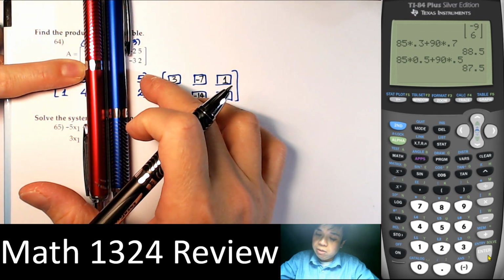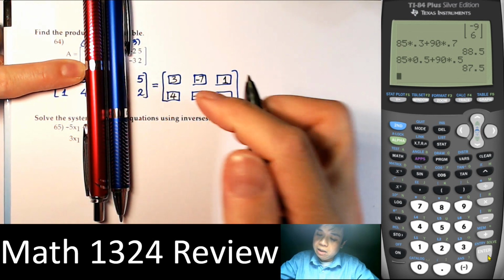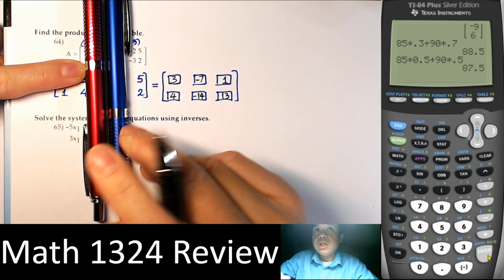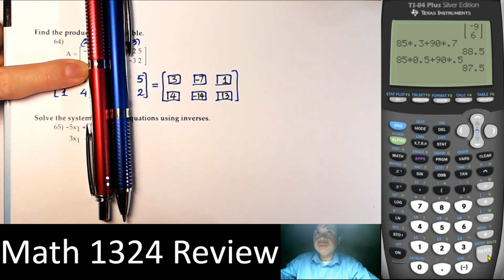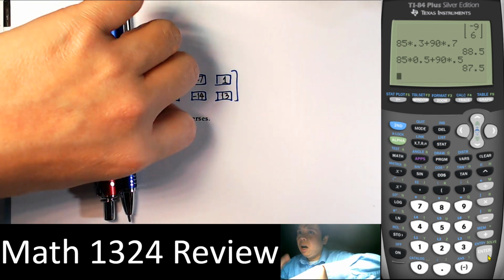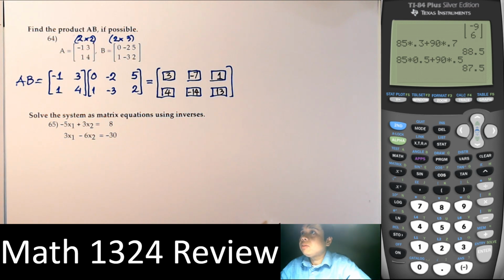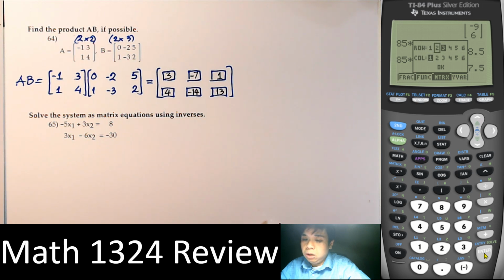And 1 times 5 is 5, 4 times 2 is 8, that's 13. You just take a row times a column. That's pretty much it. Of course, we can put it in the calculator too. 2 by 2.